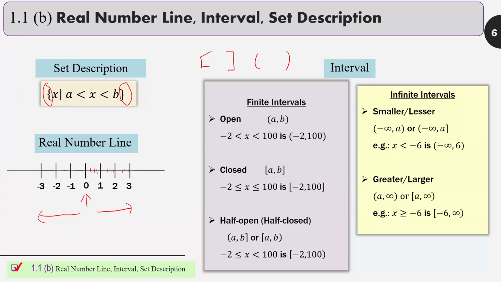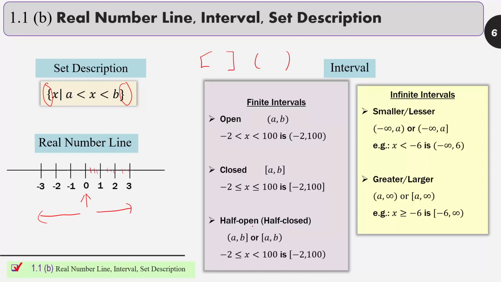How about when one part is inclusive, the other part is not inclusive? It depends on which one you want to include. If we look at this example, we include -2, so the bracket on the -2 is a square, and the other side is a round bracket. For this one, one side is round, another one is square, or a square and a round.